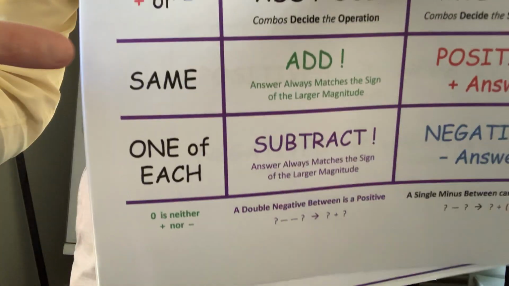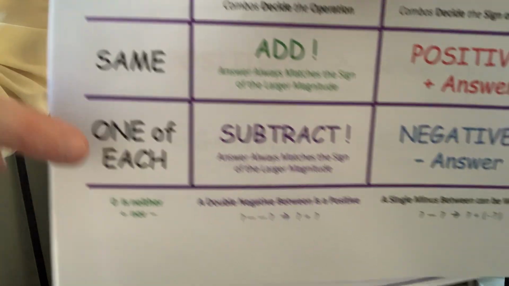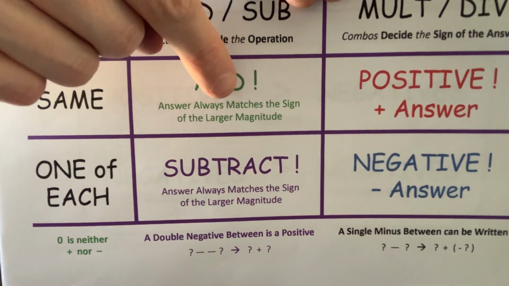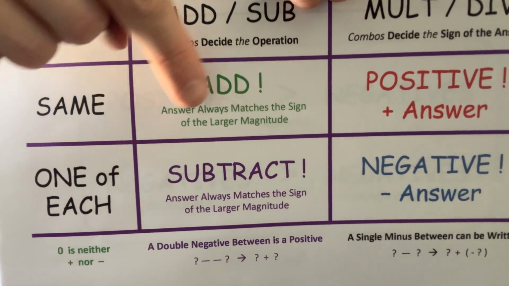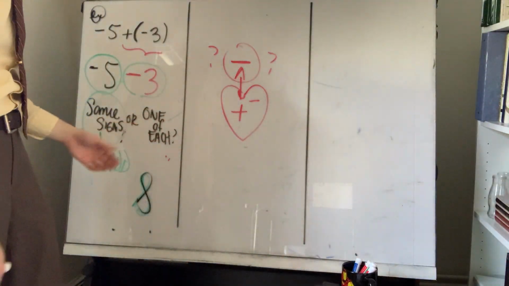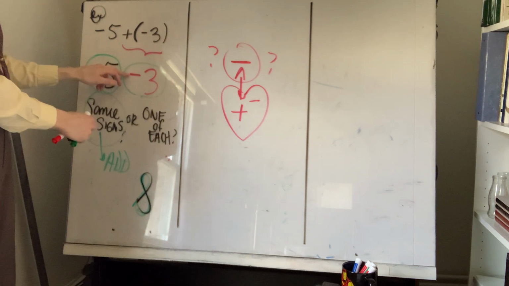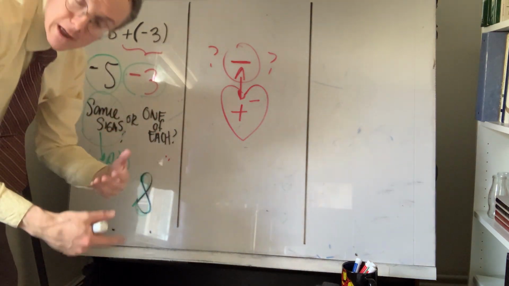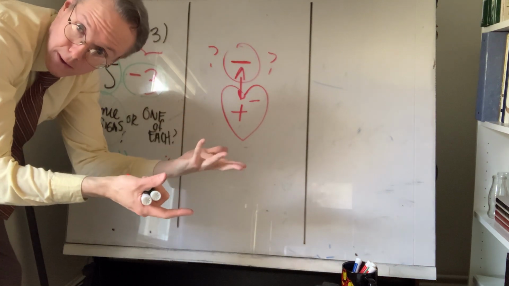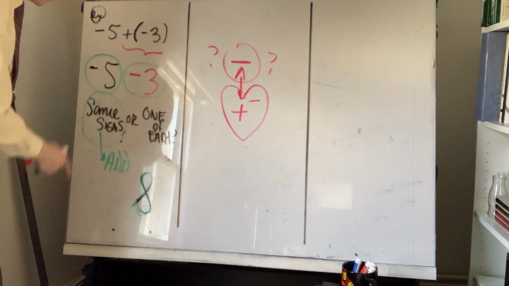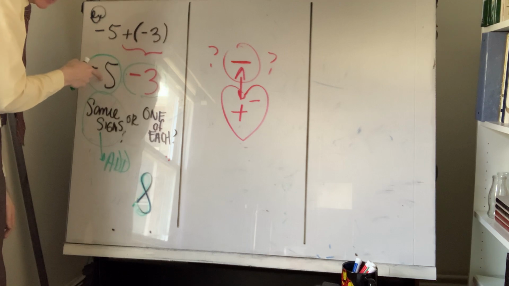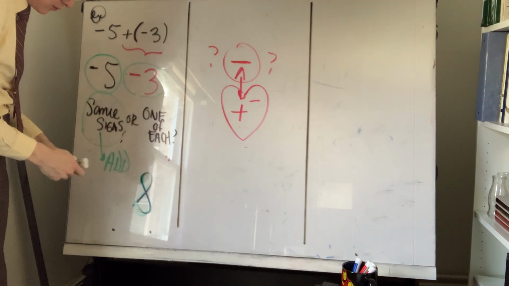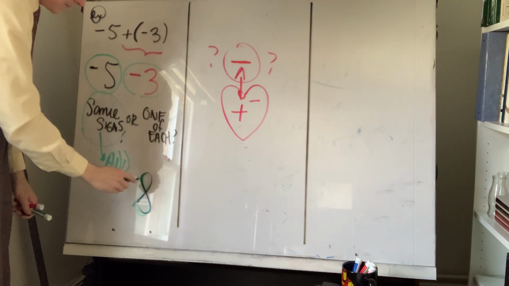The answer, regardless of this scenario or this one, is always matching the sign of the larger magnitude, right? In this case, it's kind of irrelevant because in this style of writing them, they're both negative, all right? But if we stick with that logic, it's always going to match the bigger digit, the larger magnitude. What is the sign of the larger digit already? Negative. So therefore, this is negative, all right?